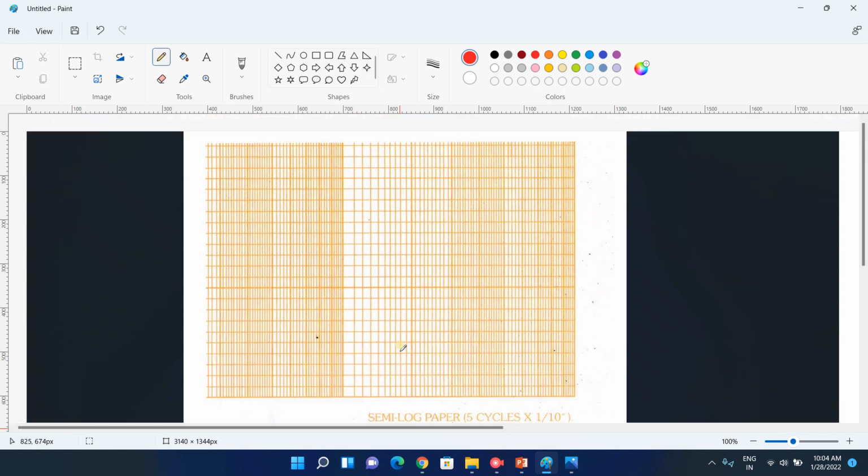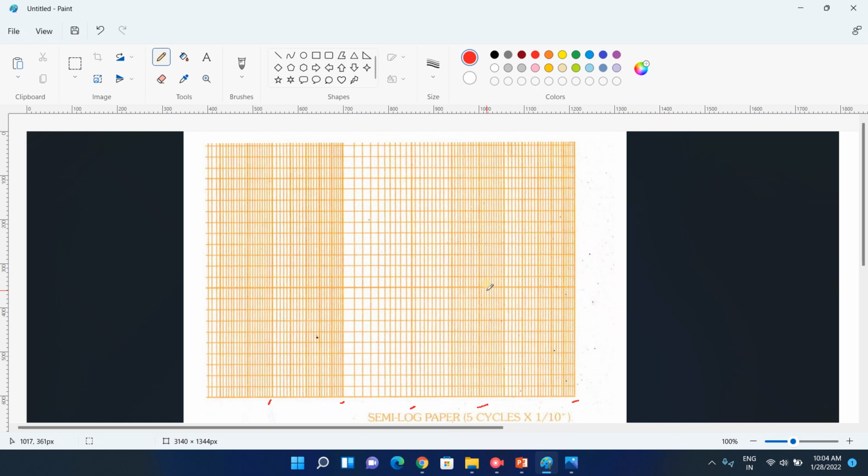You can see this is one cycle, this is one cycle, second, third, fourth, fifth. 5 cycles are there. The 5-cycle semi-log paper is required.